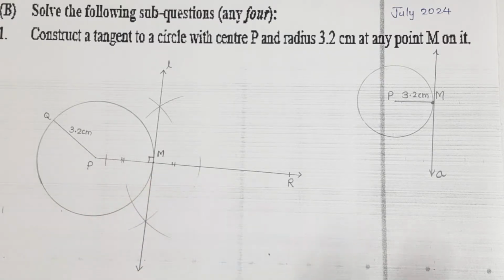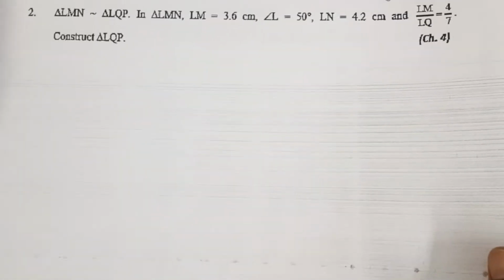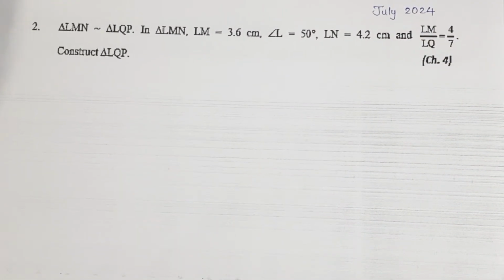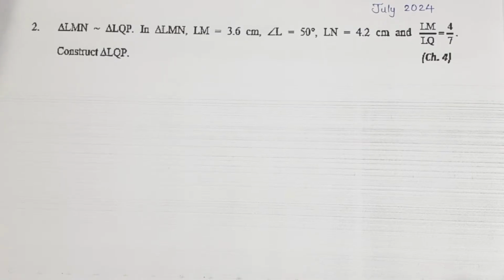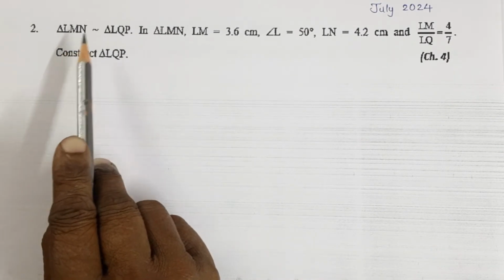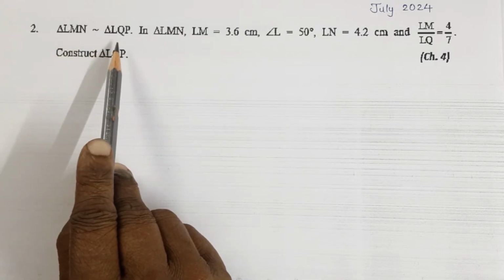Okay, then next one students, see here. The next one is the question, same year, July 2024. Triangle LMN is similar to triangle LQP.